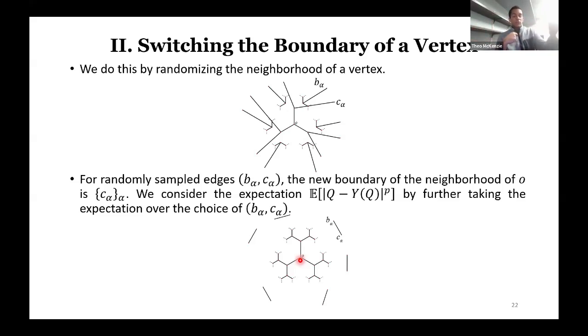The point is that these two graphs, the original graph and the new graph, are equally likely to appear. So in this sense, I can randomize the neighborhood associated with this vertex O. And so the way that we'll think about this expectation is by further taking the expectation over this random edge swap.